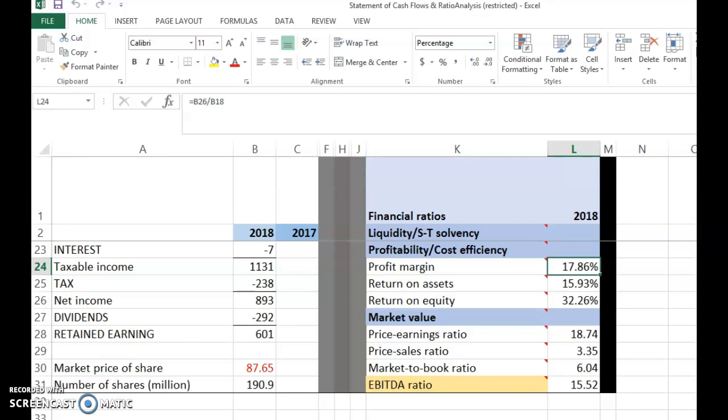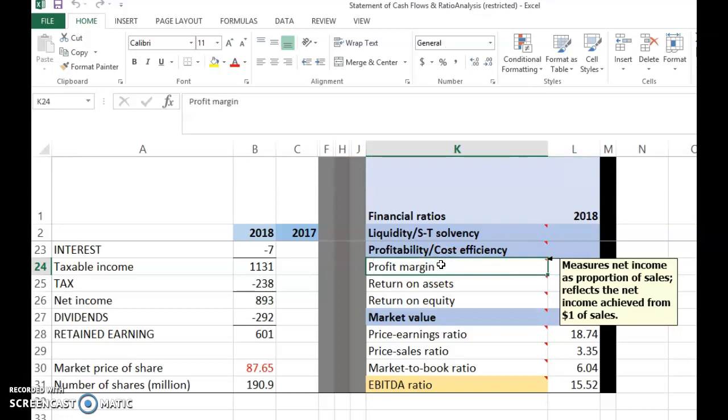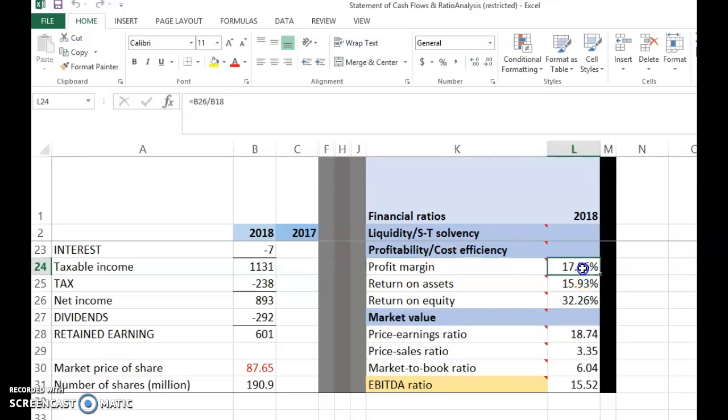So here 17.86% reflects the net income. Net income is 17.86% of the sales for the year. Now note that for this formula, both the numerator and the denominator come from the income statement, not from the balance sheet. So that's how you interpret it. It measures net income as a proportion of sales, reflecting the net income achieved from $1 of sales.